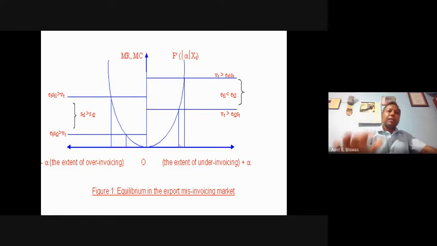What is the left hand side of the story? Here we say subsidy is greater than black market premium. If that happens, you see, if subsidy was here, you are overreporting this much. If subsidy has gone up to this much, then your overreporting has gone up. So the vertical axis measures your marginal revenue and marginal cost, and the horizontal axis gives you your alpha.